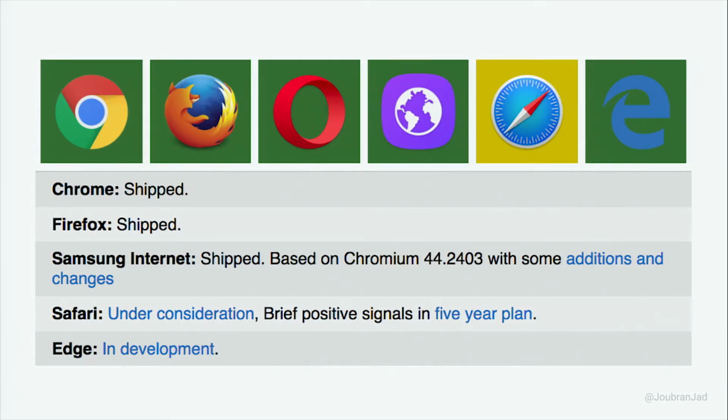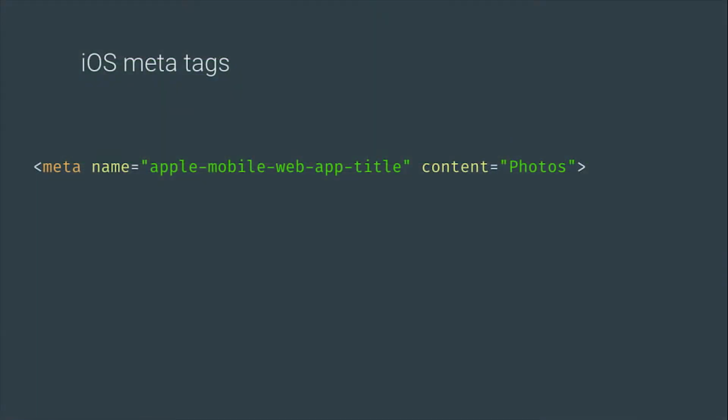So what you can do for iOS at the moment is just a couple of things. You can add a fallback meta tag or a vendor-specific meta tag, which is the Apple mobile web app title. And this allows you to have the same effect as the manifest title. And you can also do the full screen experience, which surprisingly I think was supported for the last 4 years.